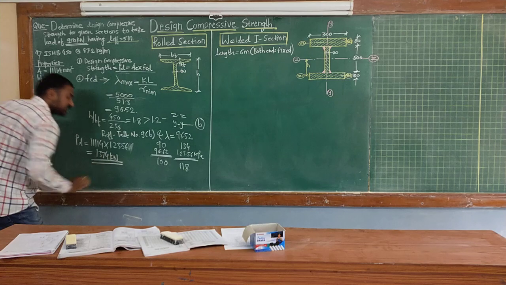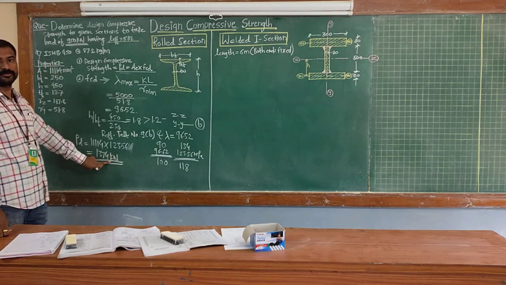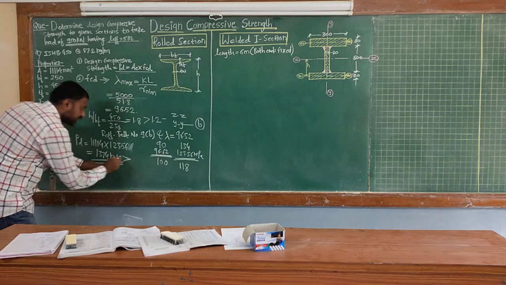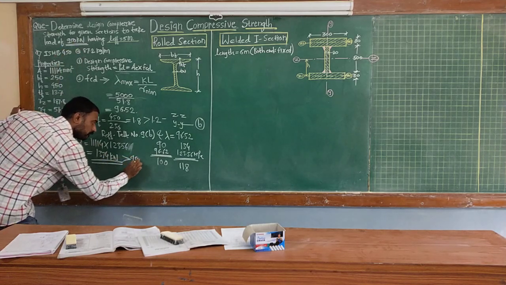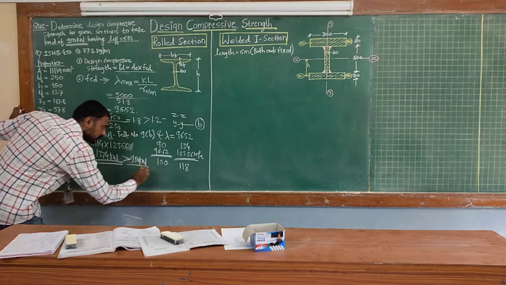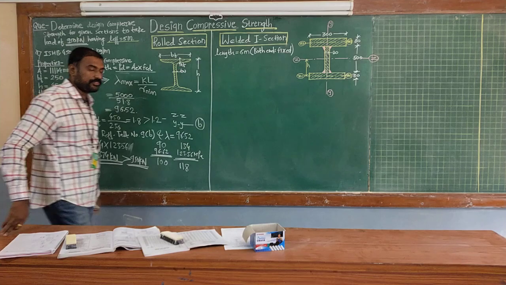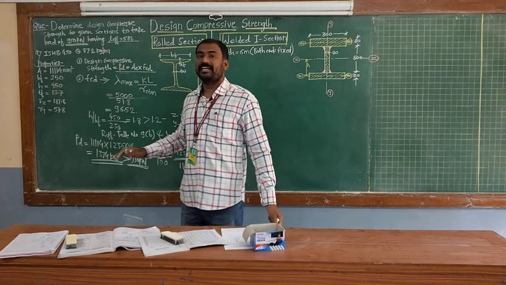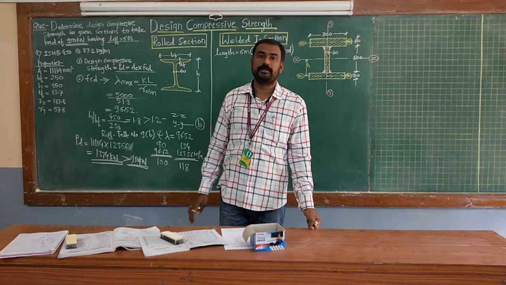This is the final answer. Design strength of this rolled section is 1374 kilonewton. Correct? And this value is greater than your given value of 950 kilonewton. Therefore it is satisfying the condition that 950 kilonewton load will be carried by the given section ISHB 450 at the rate of 87.2 kg per meter.